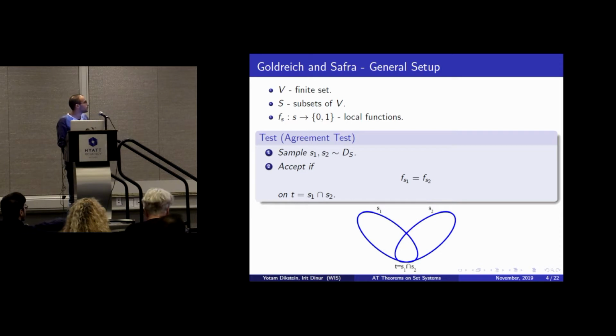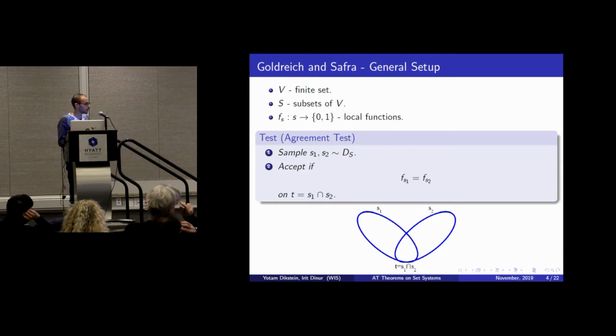About a year later, Goldreich and Safra proposed a more general setup to this question. Now V is no longer a vector space, it's just some finite set of vertices. Instead of lines, we have subsets of these vertices. For every small subset, we're given a local function defined only on the vertices of this subset.